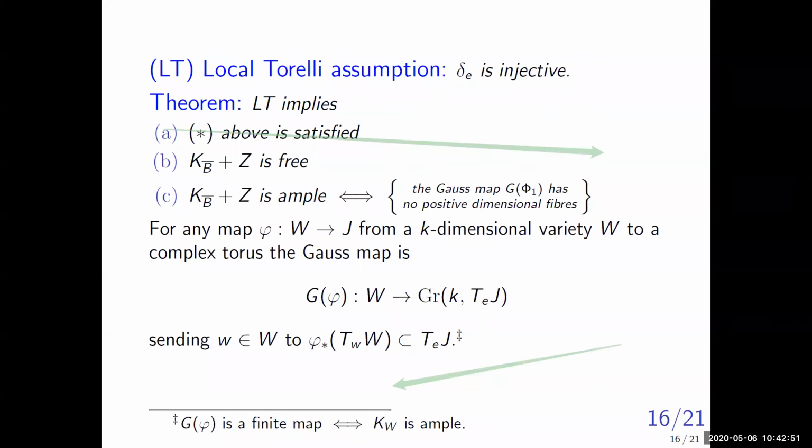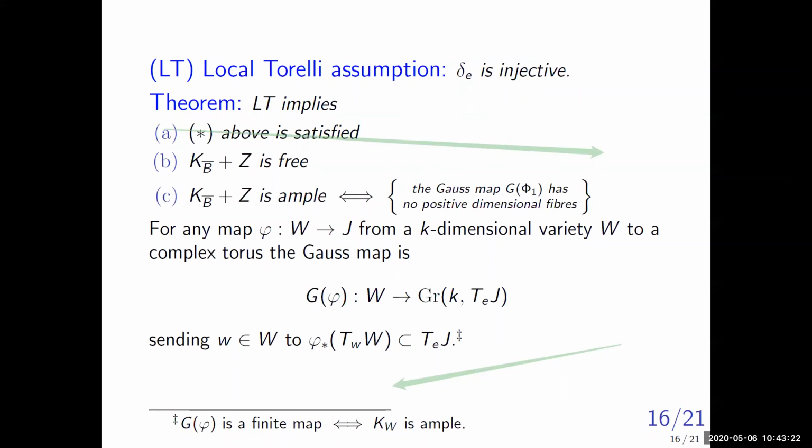Remember that phi1 is a mapping from this fiber B sub P, where the associated graded of the limiting mixed Hodge structures are constant. It maps those to the level 1 extension data, which is a compact complex torus. Whenever you have a map of a variety to a complex torus, you have the associated Gauss map. You take the induced map on tangent spaces and translate all the tangent spaces to the identity of the compact torus.